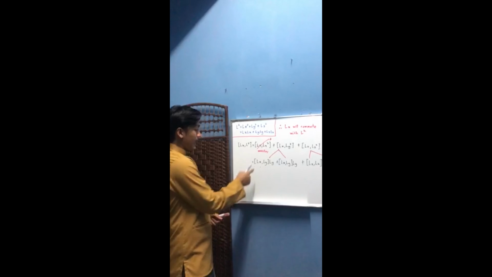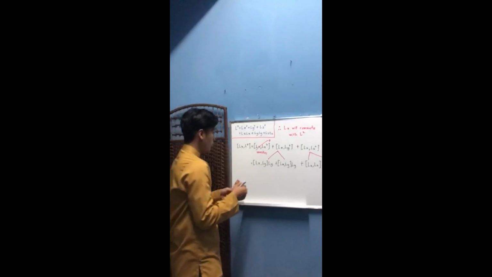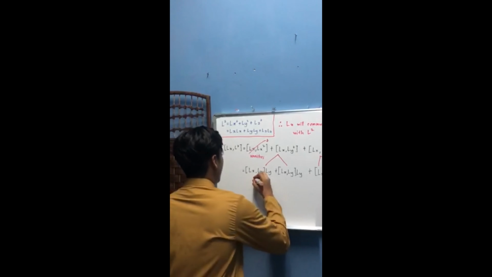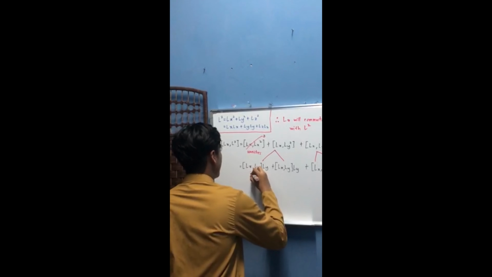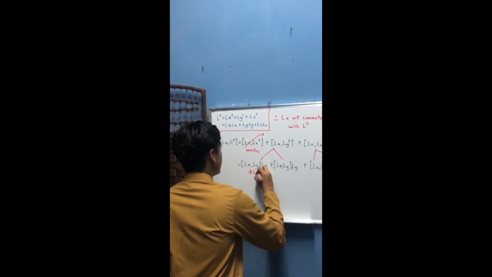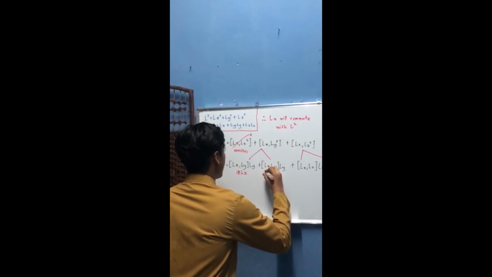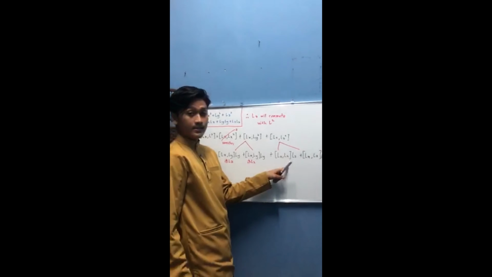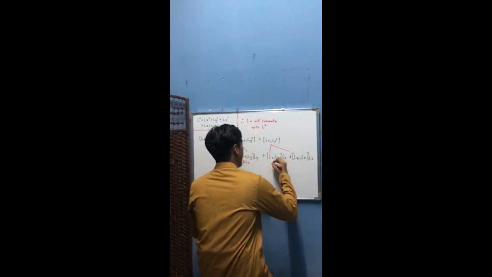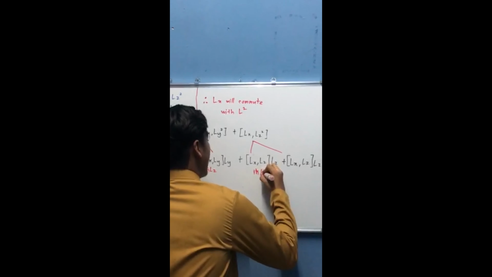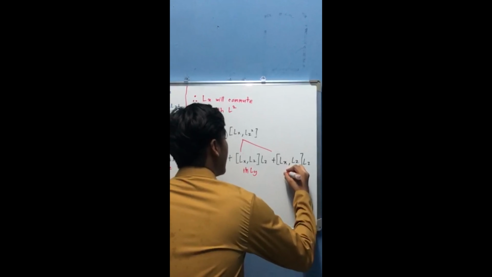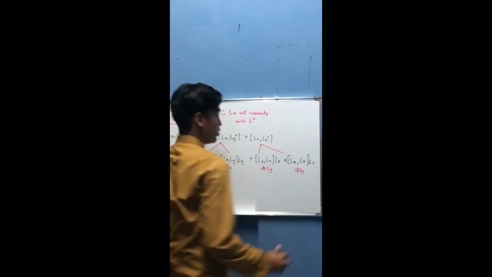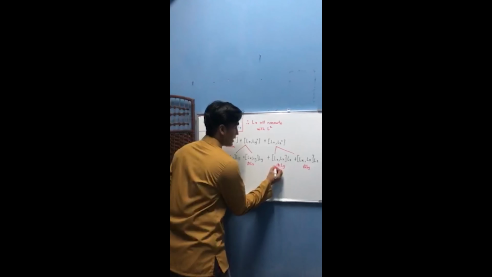Remember that [Lx, Ly] is equal to i h bar Lz, and [Lx, Lz] is equal to negative i h bar Ly.